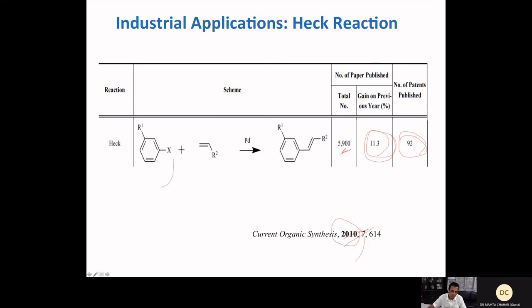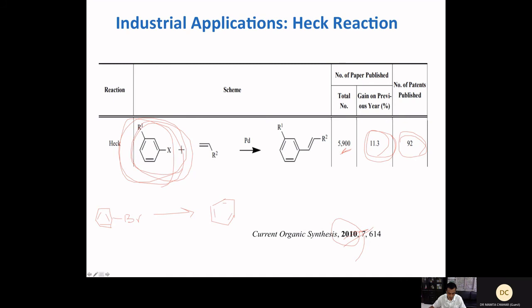One would face the homocoupling of the aryl halide. That is a traditional problem. Then there is protodehalogenation. For example, if you are starting with bromobenzene, this is the problem for all sorts of cross-coupling reactions, so to speak. If you start with bromobenzene and the reaction is not good, you can get benzene, right?